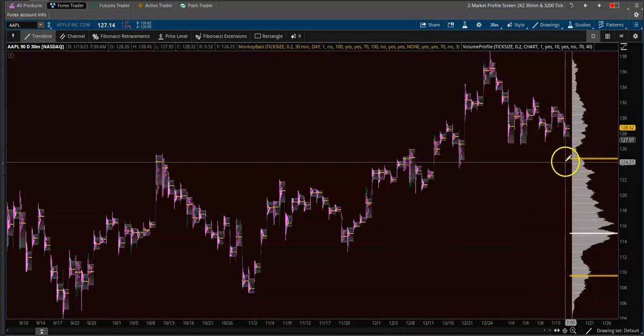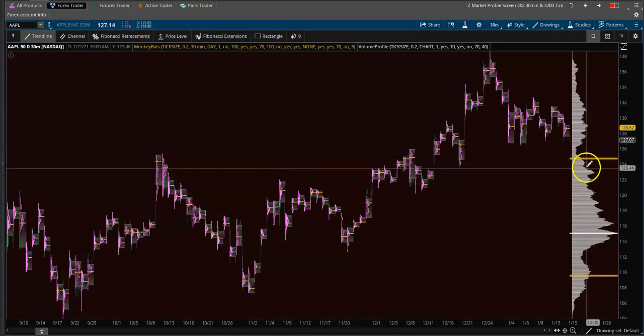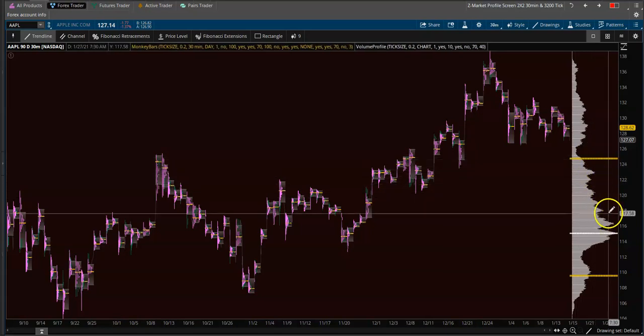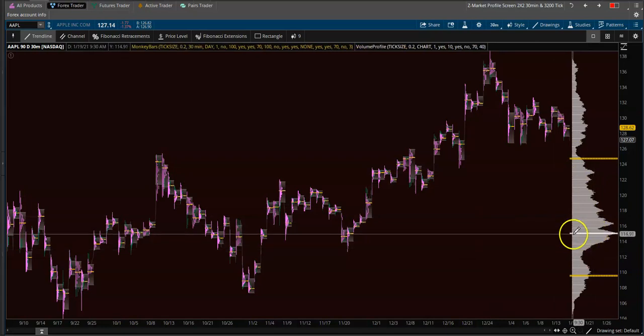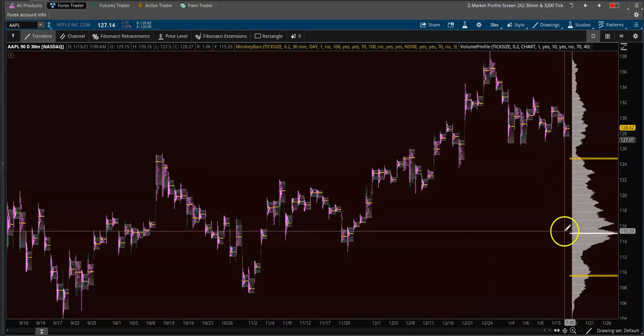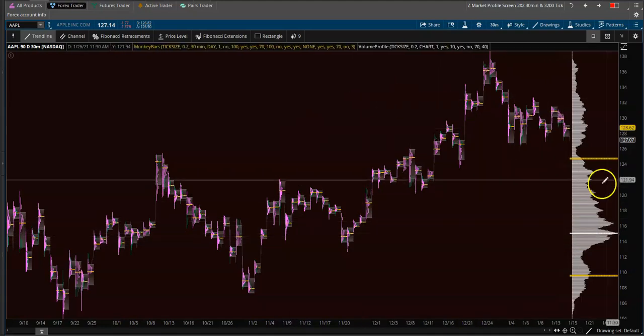If we lose that support, maybe we'll come down to this value area or this high volume node and bounce. Or we go up, reverse, and keep coming down, well, this would be our major point of control where, if we made a strong move down here within a couple of days, I would definitely want to be a buyer. That's what I'd be thinking around this 115 level.